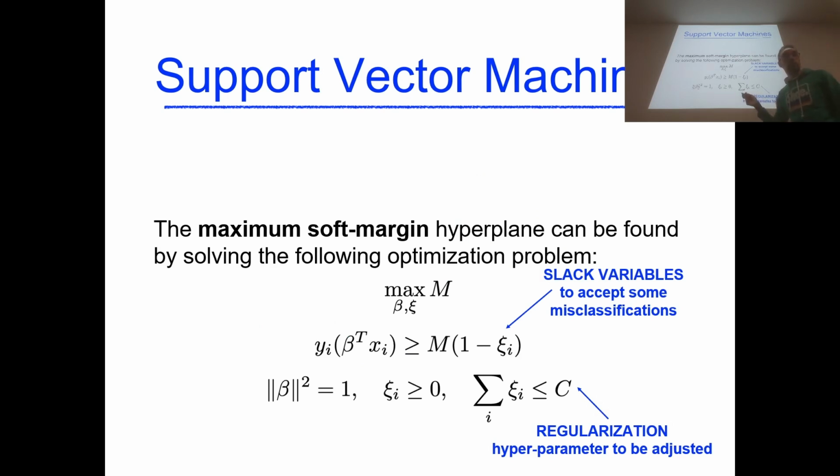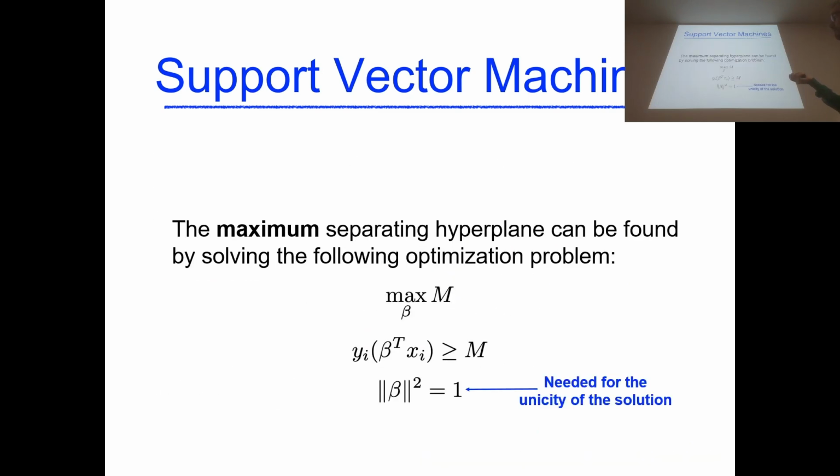So what do we do? Do not be scared. This is exactly the same optimization problem that we have formulated before. Compare these two slides. The only additional term is that, since we want to tolerate some violation of the constraints, we add to the formulation what in optimization theory are called slack variables.